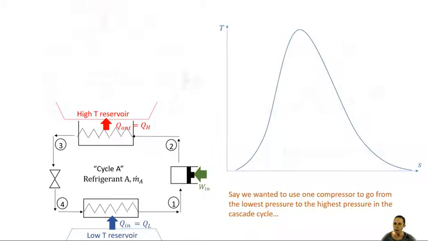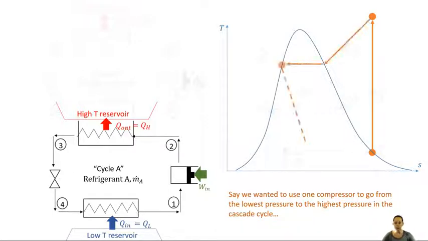So what if we wanted to accomplish what we just did with that cascade cycle with just one vapor compression refrigeration cycle? I'm still going between the low pressure and the very high pressure of that cascade refrigeration cycle. So it would look like this. I would start off on that saturated vapor line as I entered the compressor, then I would compress isentropically all the way up to that top pressure.